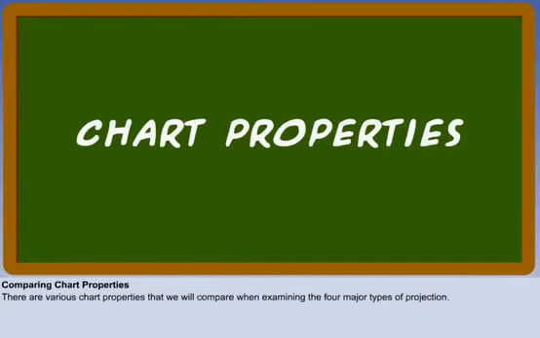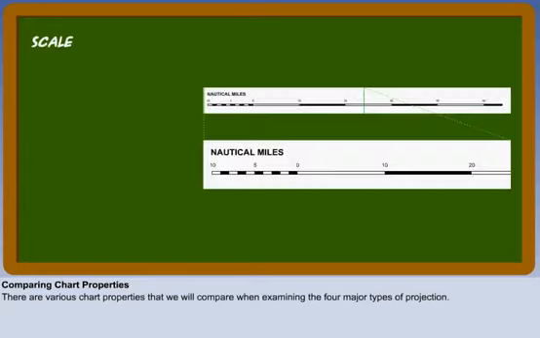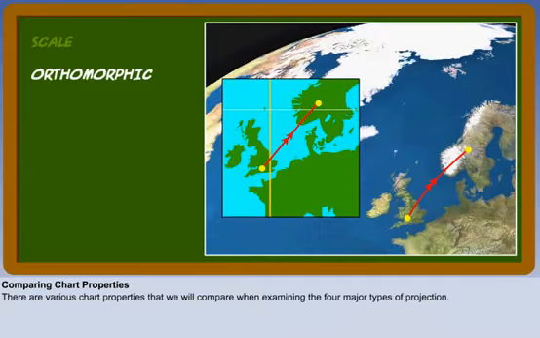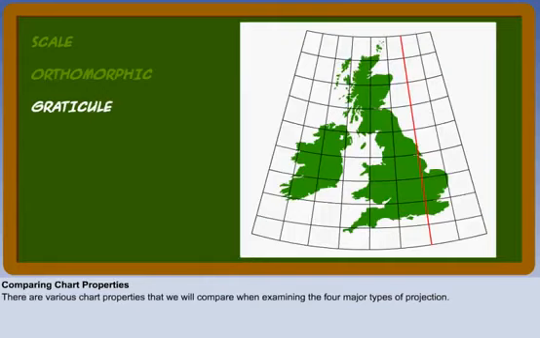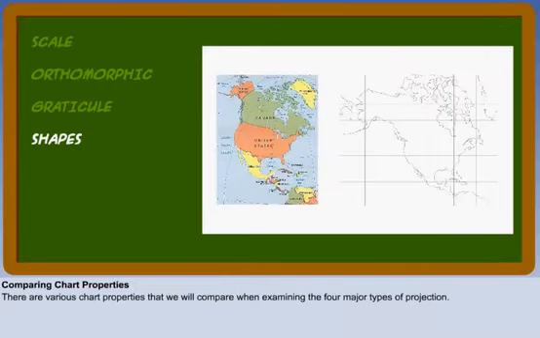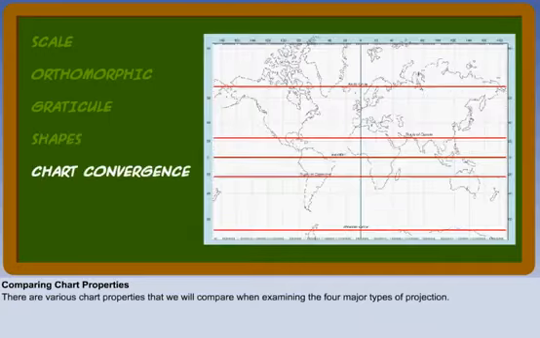The properties that we will examine when comparing the four types of chart projection will be the scale, where it is correct and how it varies over the chart, whether it is orthomorphic, the appearance of the graticule, are meridians of longitude and parallels of latitude straight or curved, are they parallel or divergent, and so on, whether the projection distorts shapes, and if so, how, the chart convergence.